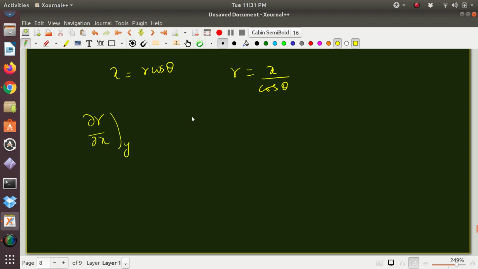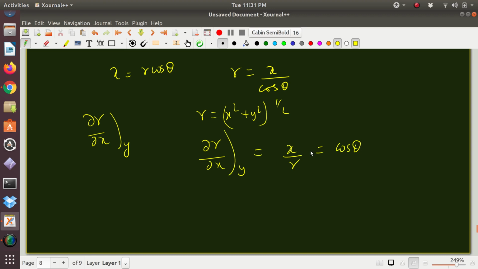Now r is x squared plus y squared to the half. So you can find partial r partial x at constant y. That is nothing but x by r, which is cos theta. Now if I do this partial r partial x, I get 1 by cos theta.